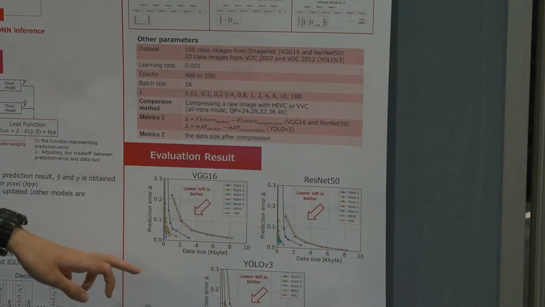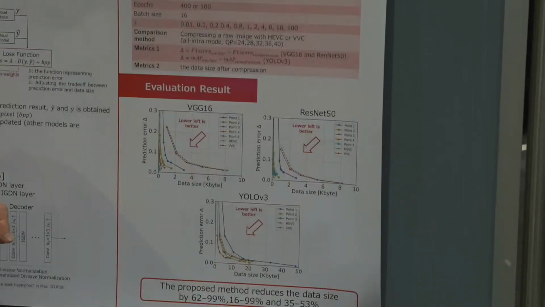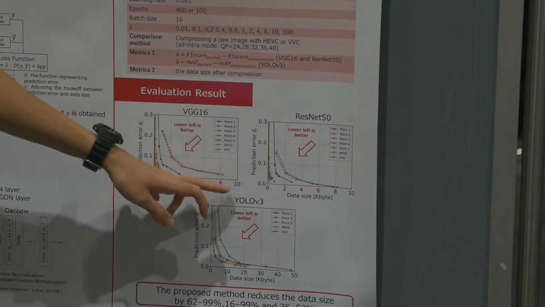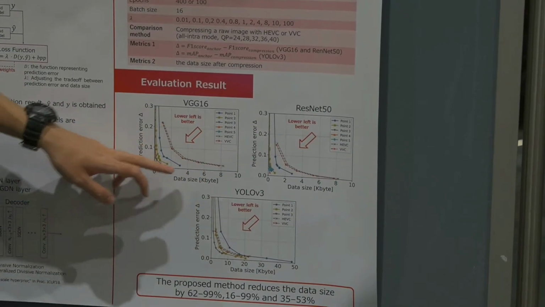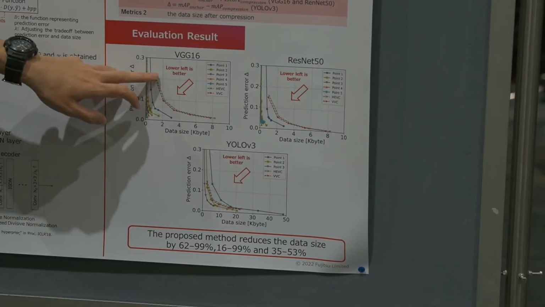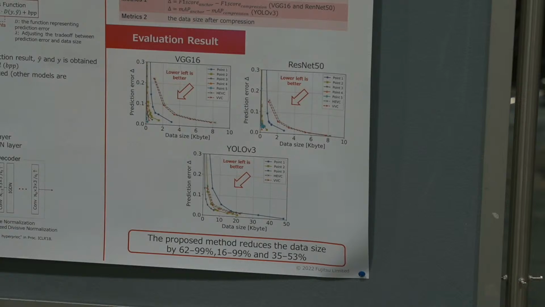And these are our results. The horizontal axis represents data size, and the vertical axis represents delta, so lower left is better. The dashed line is HEVC and BPG.